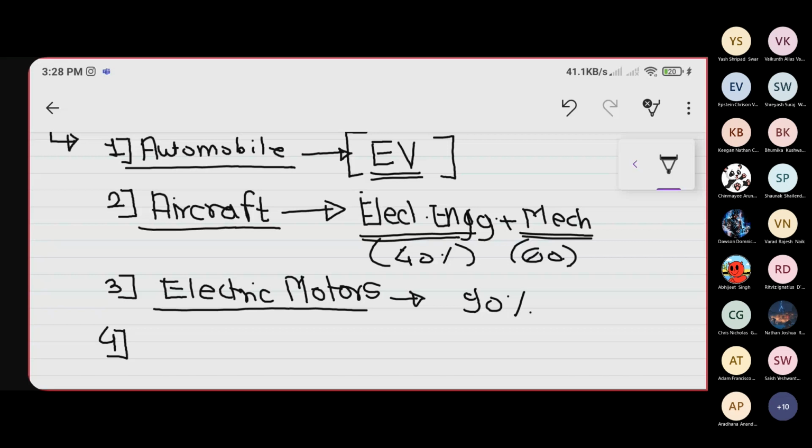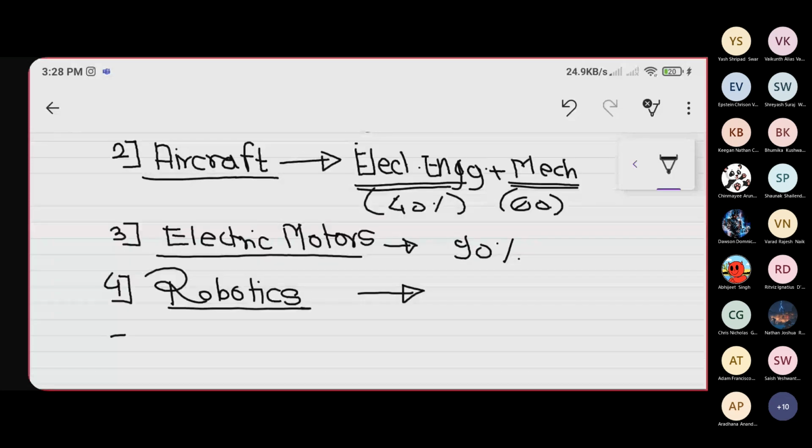Then an important one is robotics. Here also you will come into the picture, and you will play a pure or vital role in robotics. Then satellites. Without electronics and computer engineers, a satellite won't work.